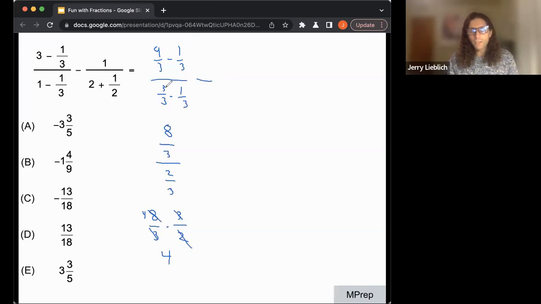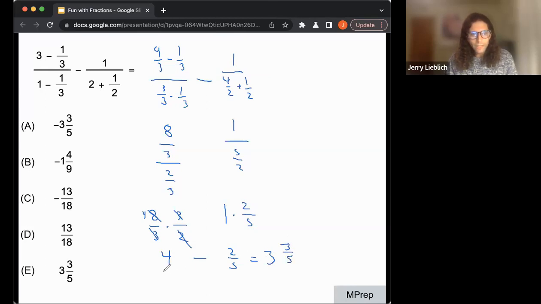And notice I decided to just take care of all of this before I even dealt with the second term here. Minus 1 over, I can call this 4/2 plus 1/2. So 1 over 5/2, which gives me 1 times 2/5, which is just 2/5. 4 minus 2/5. Well, I see I'm dealing with a mixed number here, so let's just call that 3 3/5.